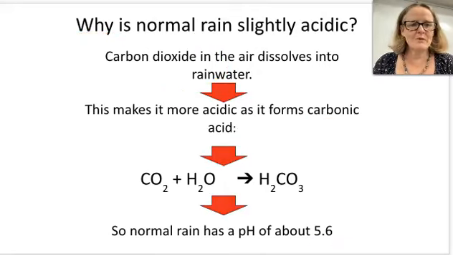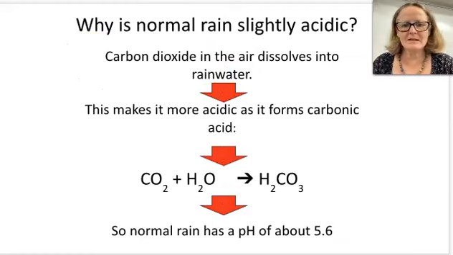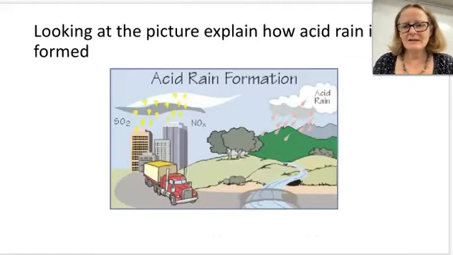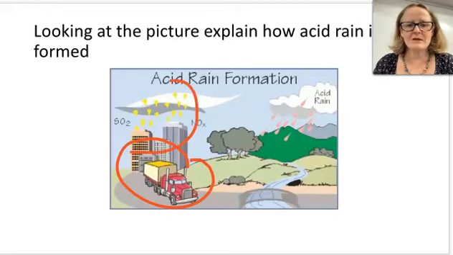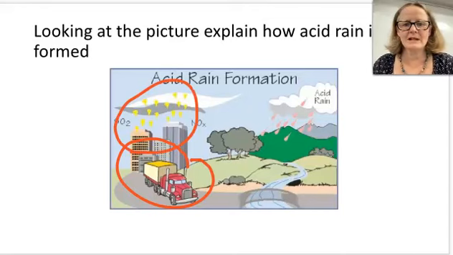But when we look at this picture, we can see that acid rain seems to come from pollutants. On the left-hand side, we've got an image that's trying to represent pollution. We've got a truck burning fossil fuels in the form of diesel or petrol. We have cities releasing gases like sulfur dioxide and nitrous oxides.